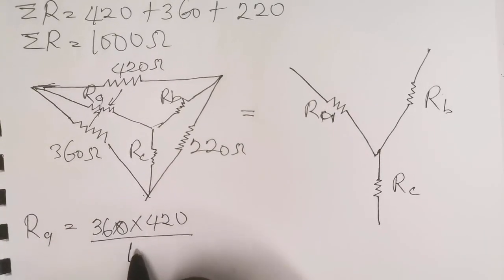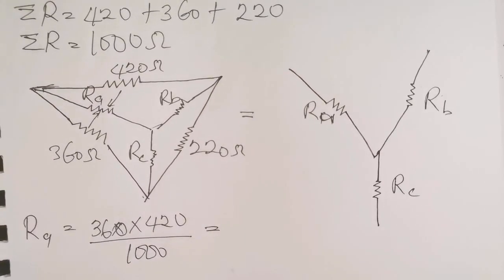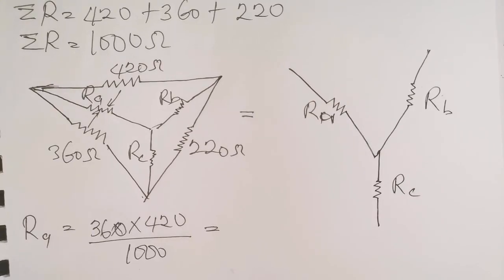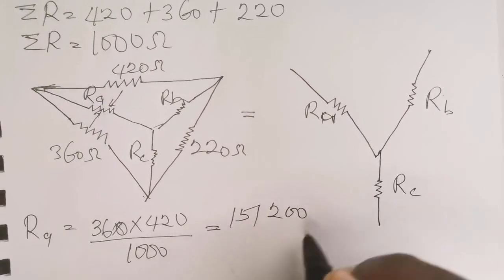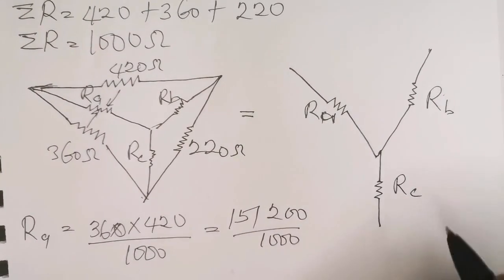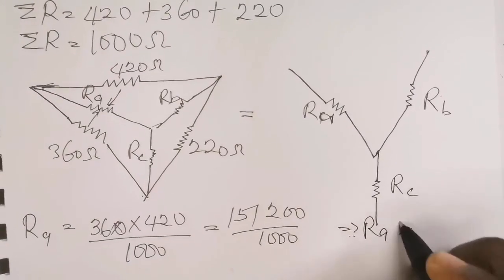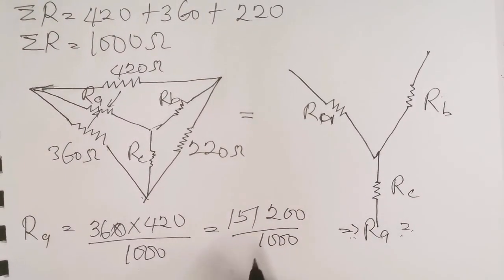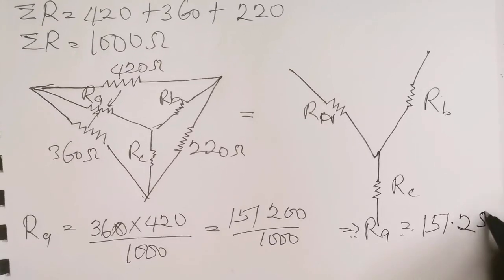So divide by 1000. This is going to be equal to 360 times 420, which gives us 151,200, divided by 1000. So this implies that RA is equal to 151.2 ohms.